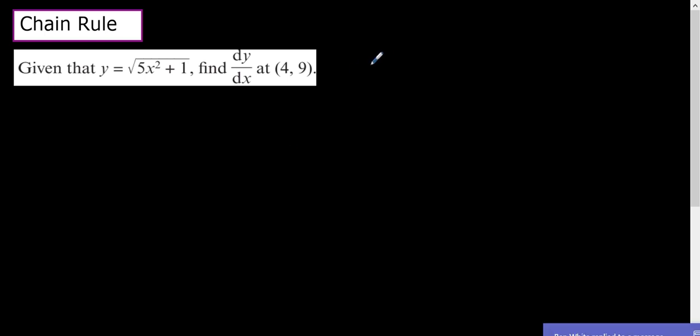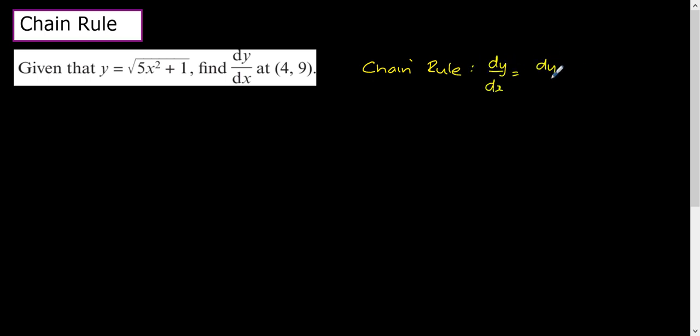So let's remind ourselves, the chain rule is where we take our dy by dx and split it into the product of two fractions, where we introduce a third letter, which we're going to use, u. So let's go back to our function. We've got y equals the square root of 5x squared plus 1.